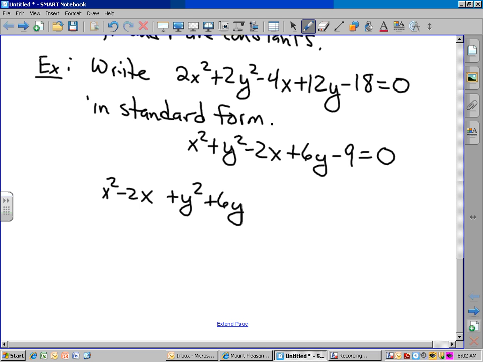I'm going to get that number away. So I added the 9 over. Here's all my x's. Here's all my y's.